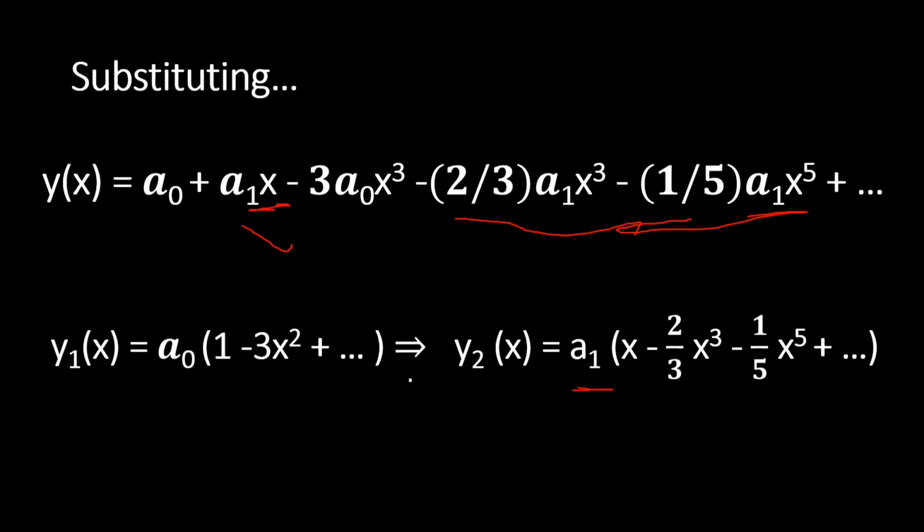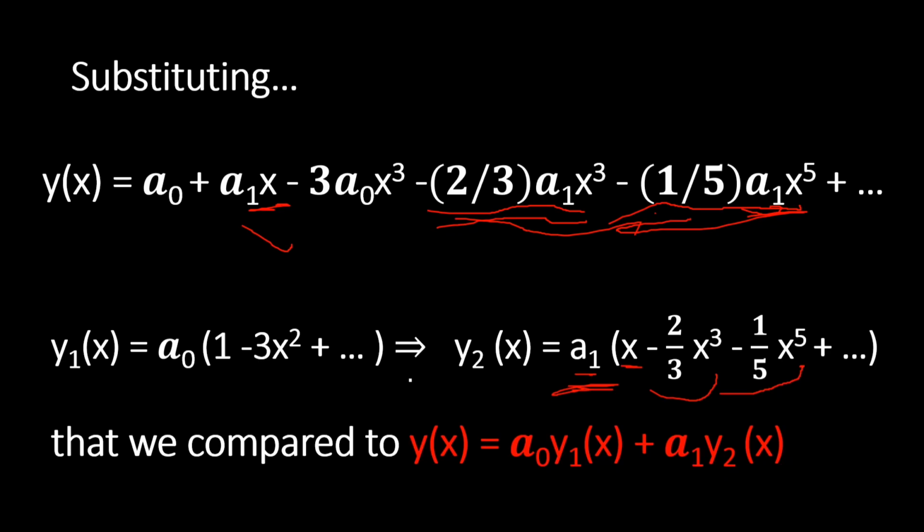Then I'll be left with minus 2 over 3 x raised to the power of 3, and then minus 1 over 5 x raised to the power of 5 plus so on to infinity like that. So this is what we arrived at as our final answer.